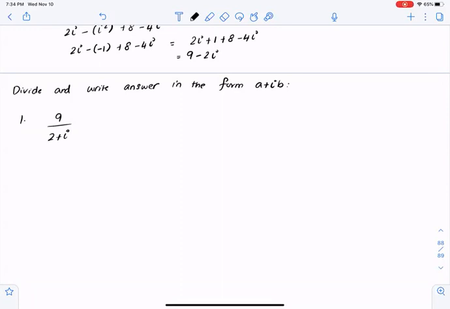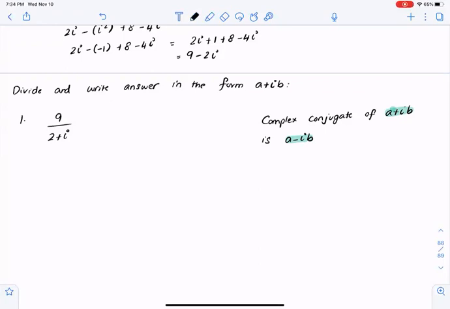The idea here is to use something similar to rationalization with radicals. So the complex conjugate of a plus ib is a minus ib, and vice versa. So a plus ib and a minus ib are conjugates of each other.